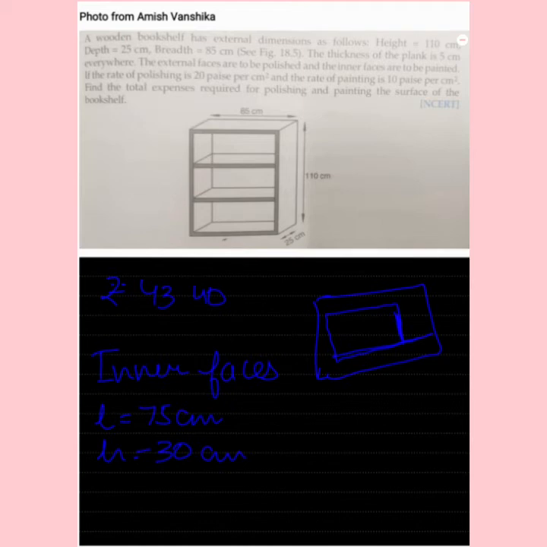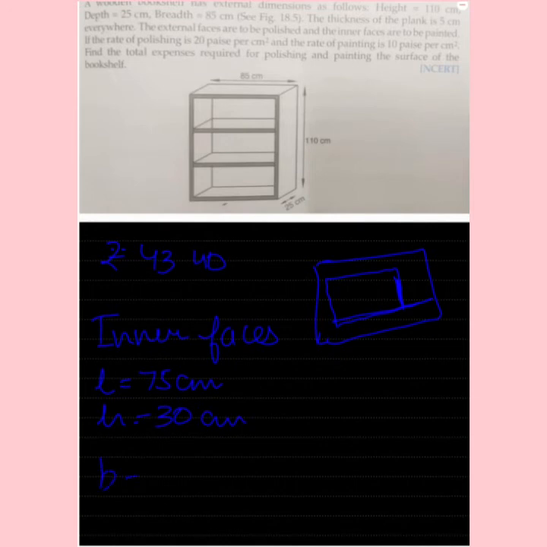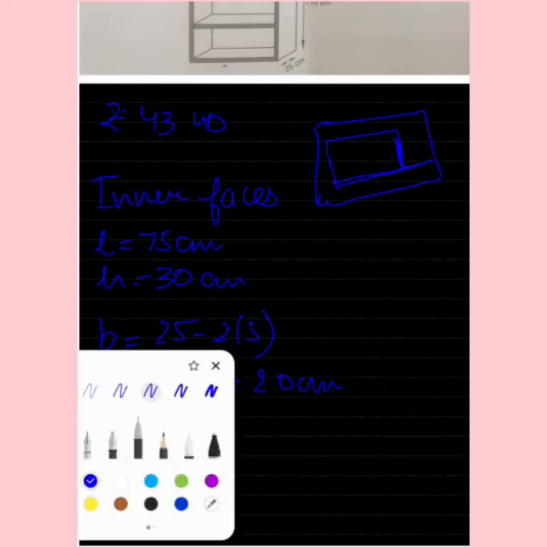Now to find the breadth, we will not reduce it by twice of 5. It is open, so it will be 25 minus 5 only from one side. The thickness is from one side here. Therefore breadth will be equal to 20 centimeter.